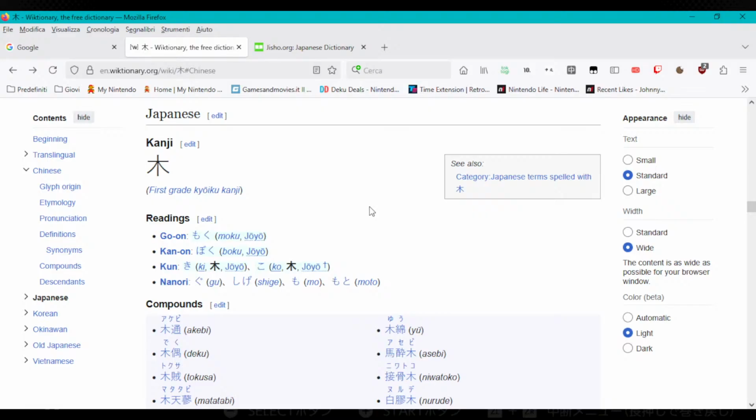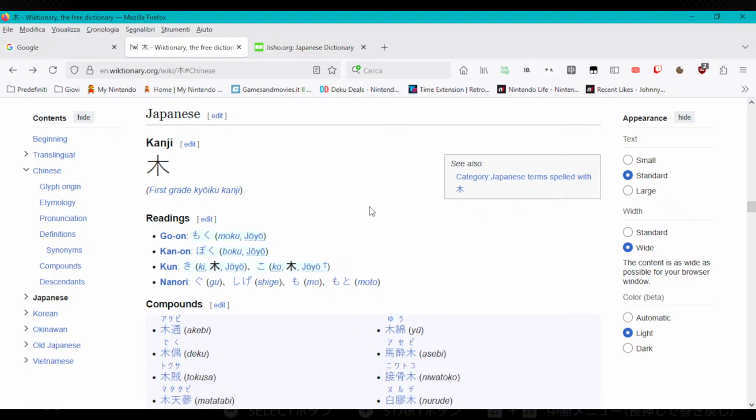Then there's also ko, but that's for compounds. Never mind it for now. And then we have Moku and Boku. The most common one is moku, also because you'll find it in the Japanese name for Thursday, mokuyobi.